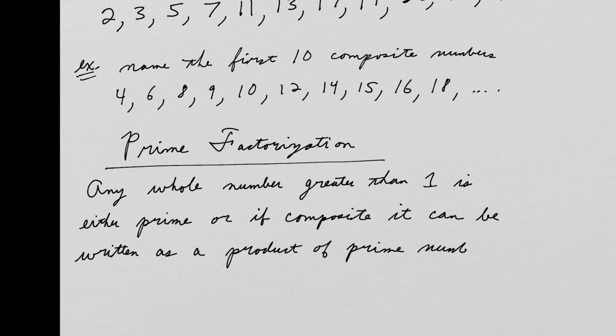Okay, so again, the way to think about this is any composite number can be written as a product of prime numbers. Okay, and actually, this has a name. It's called the fundamental theorem of arithmetic.